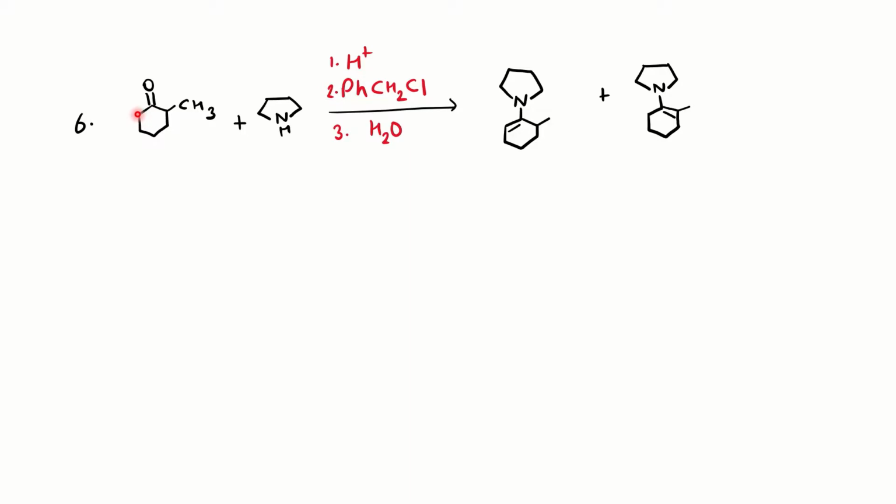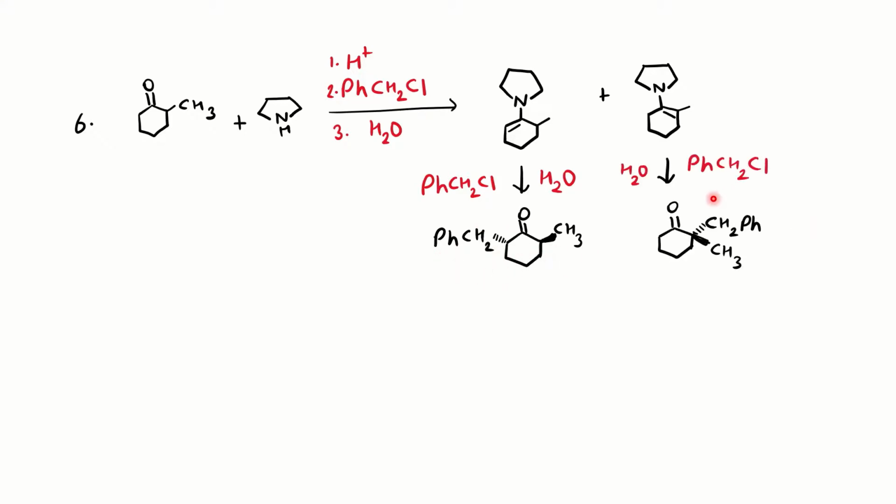So this is a point which you have to keep in your mind: always the abstraction of a proton takes place from the less hindered side. So on the less hindered side the proton abstraction will take place, and now the alkylating agent is given, and at the other free alpha position, you can form the CH2Ph. And since I have drawn the stereochemistry, that also we will see.